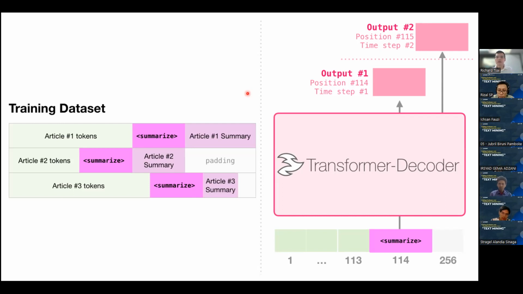So if we have 12 heads, we have 12 sets of transformations. And the parameters of these transformations need to be trained using our training data.